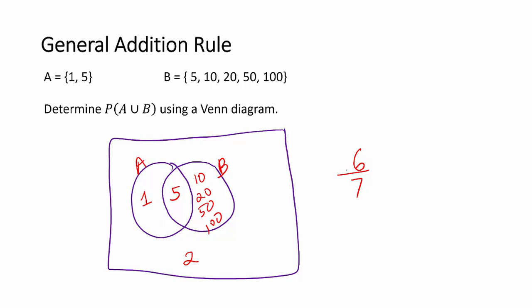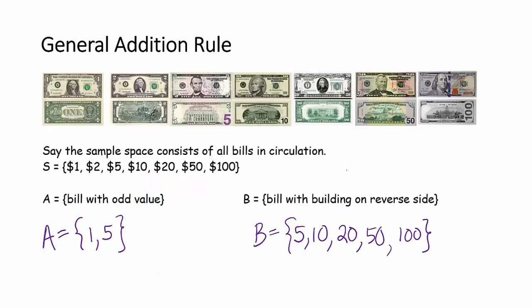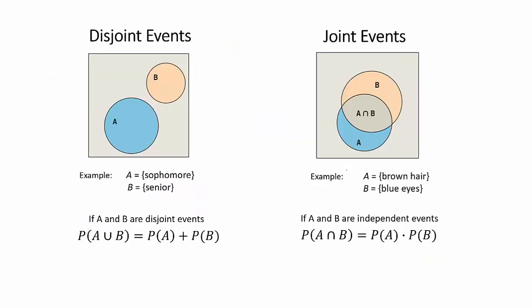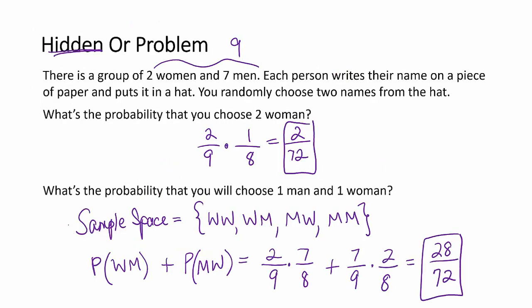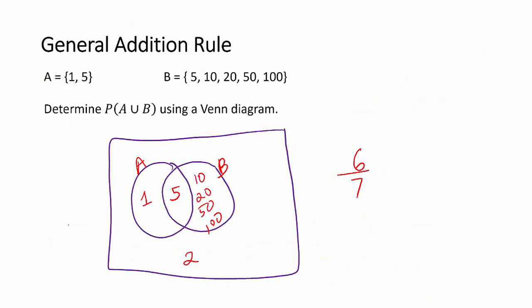So why did we do this one with a Venn diagram? Well, remember how we said back here, if A and B are disjoint events, the probability of A or B is the probability of A plus the probability of B. That was if the circles don't intersect. I told you we'd come back to it. These are intersecting, right?